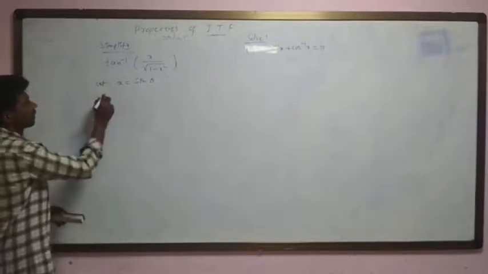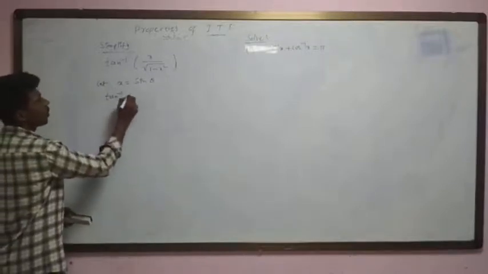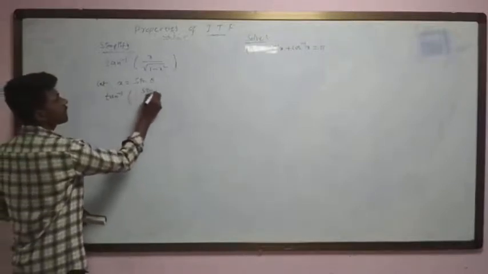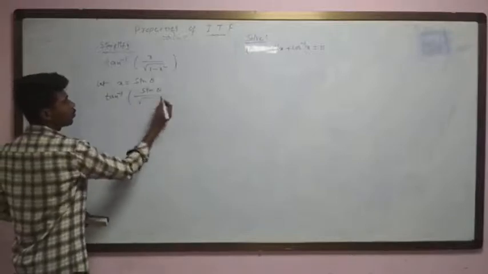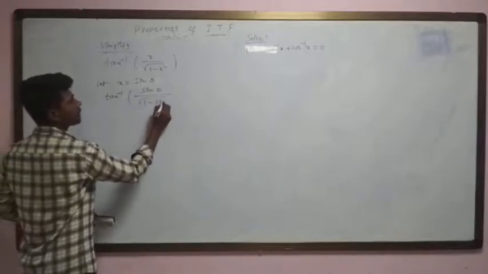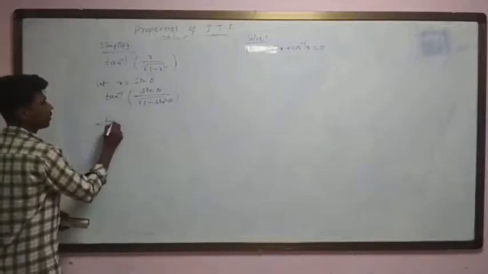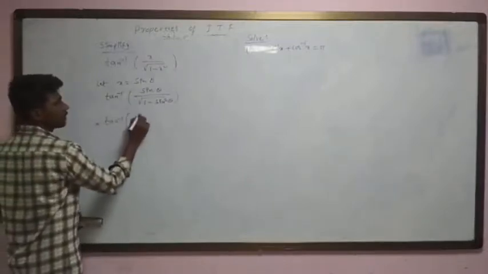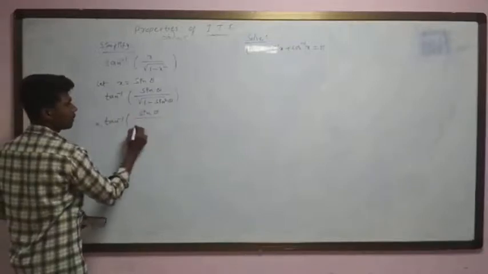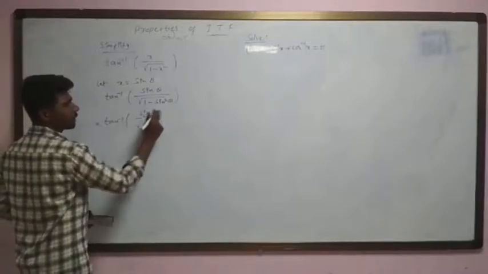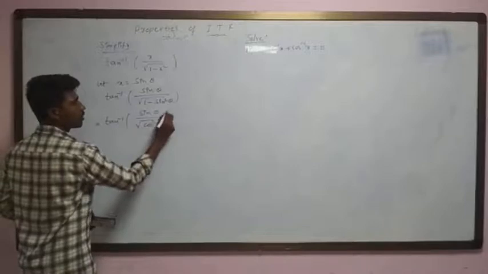Substitute sin theta. Tan inverse of sin theta by root of 1 minus sin square theta equals tan inverse of sin theta by root of cos square theta.